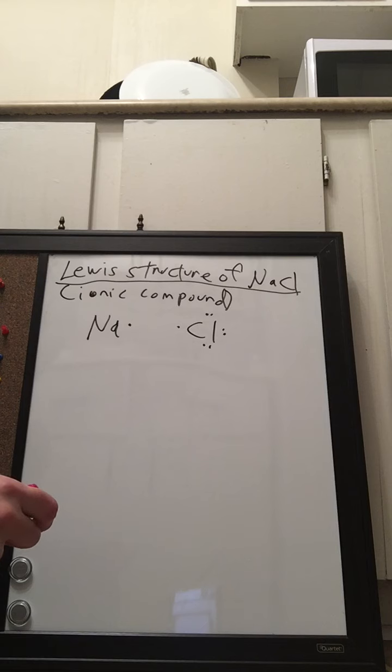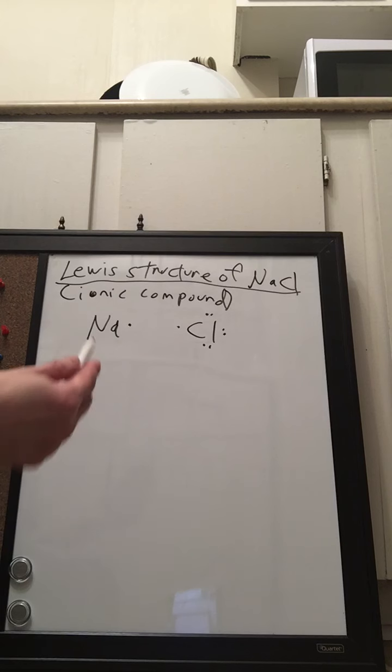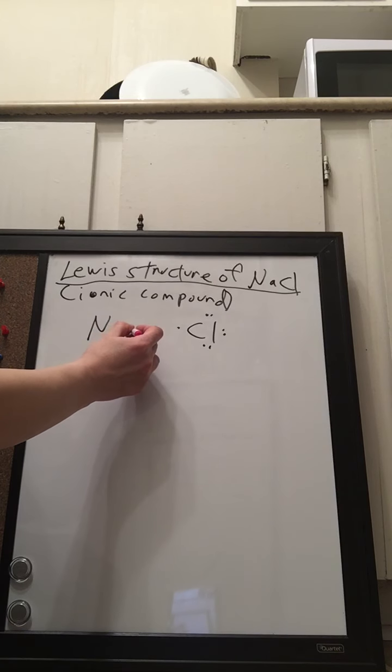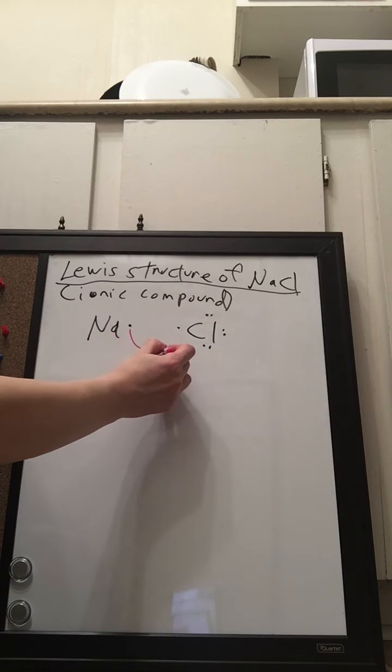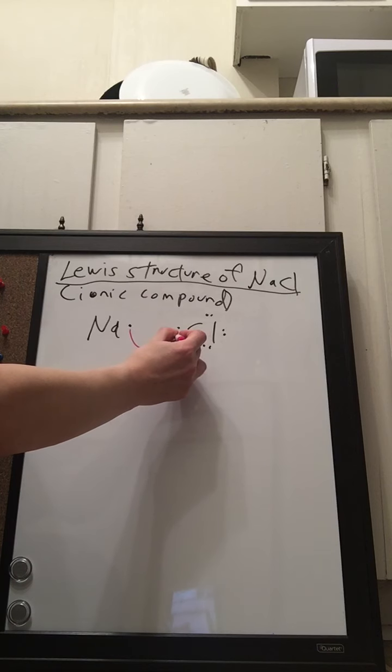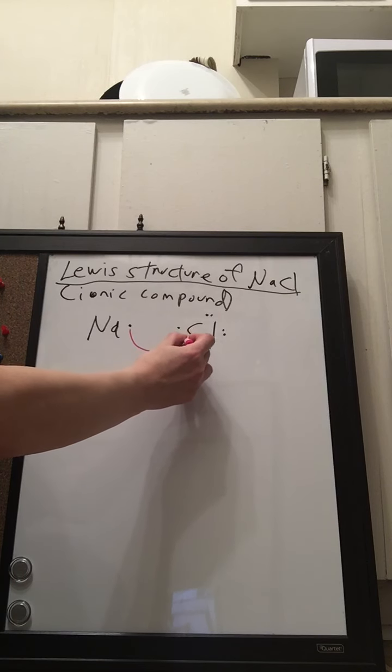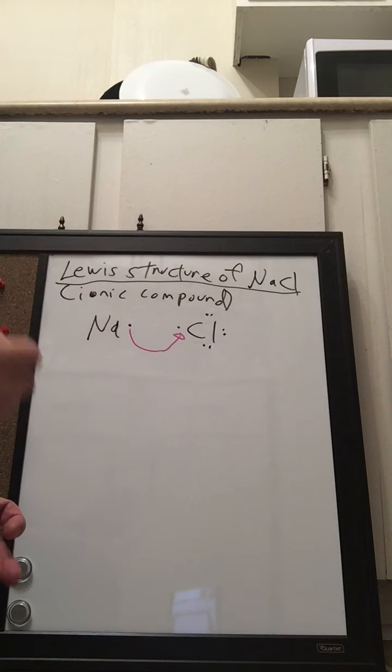So here, in order to do that, the sodium valence electron has to transfer over, hence the word transfer, over to here to give chlorine its octet.